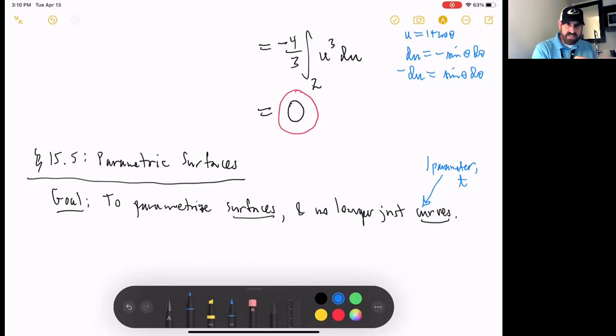Locally, it behaves like something in one-dimensional space. A surface, if you walk around on a surface like the surface of the earth and look down, you say to yourself, this looks like a two-dimensional thing I'm walking around on. So a surface requires two parameters.